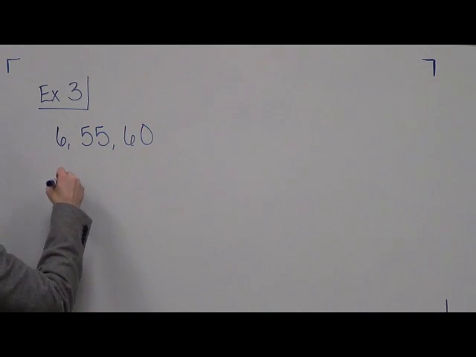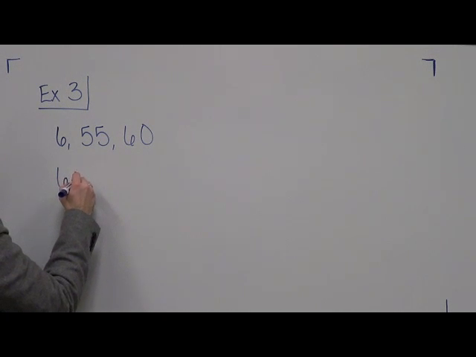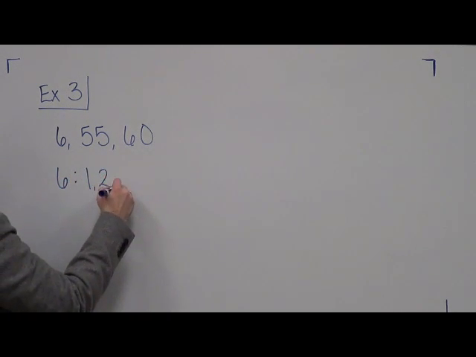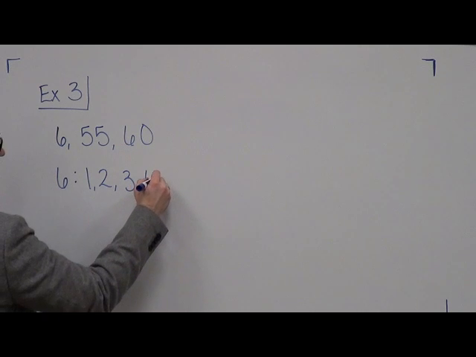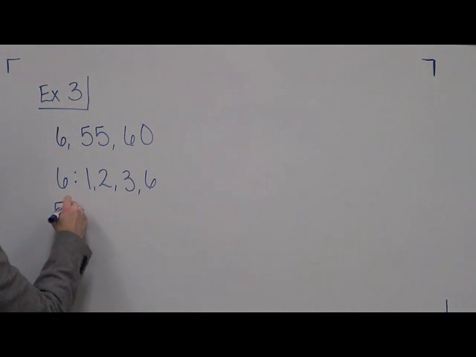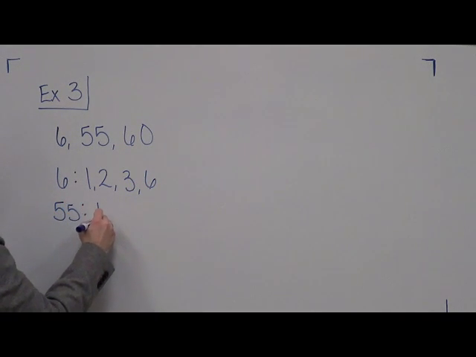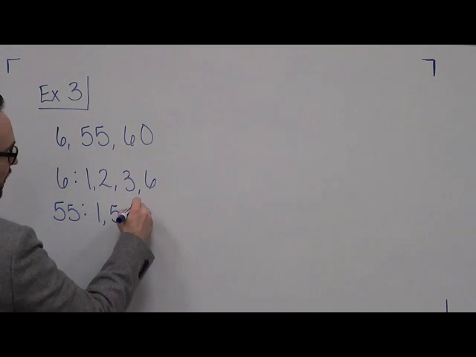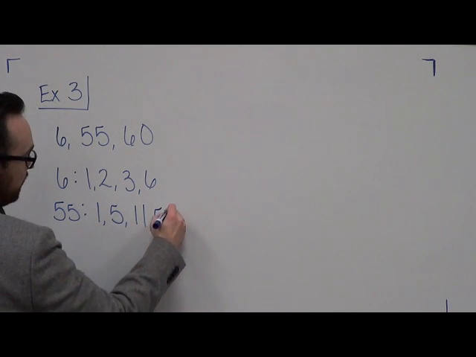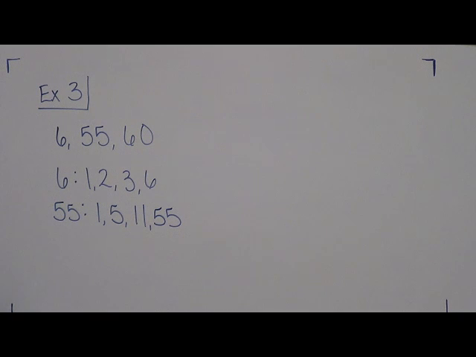Because 6 is so small, it kind of limits us. So we know it's only 1, 2, 3, and 6. When we go to 55, that's only 1, 5, 11, and 55. None of those overlap except 1.